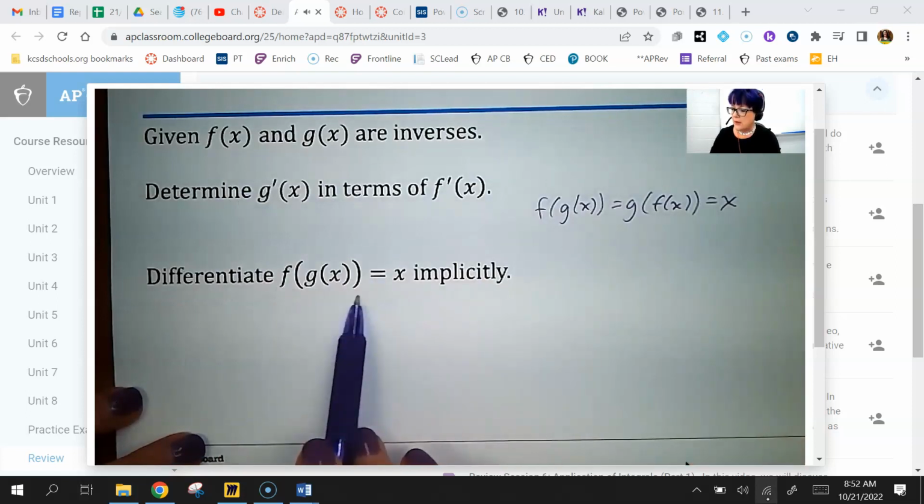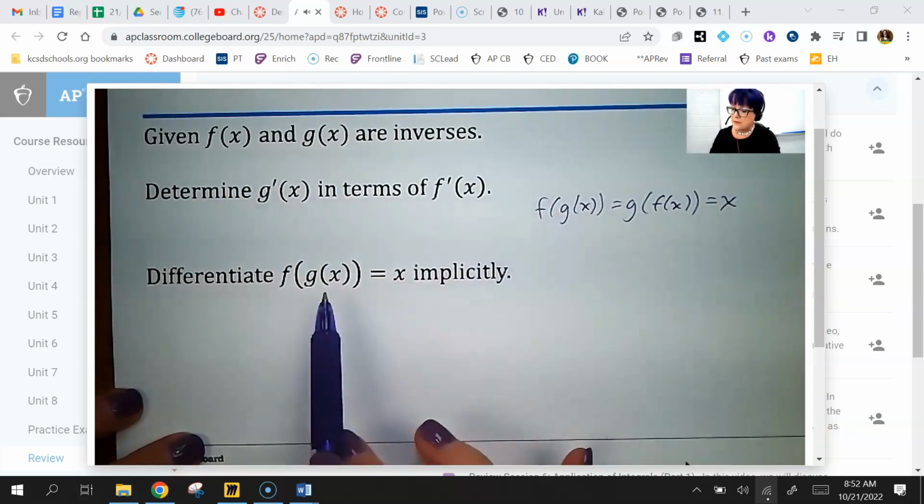Y'all remember that where we verified it.